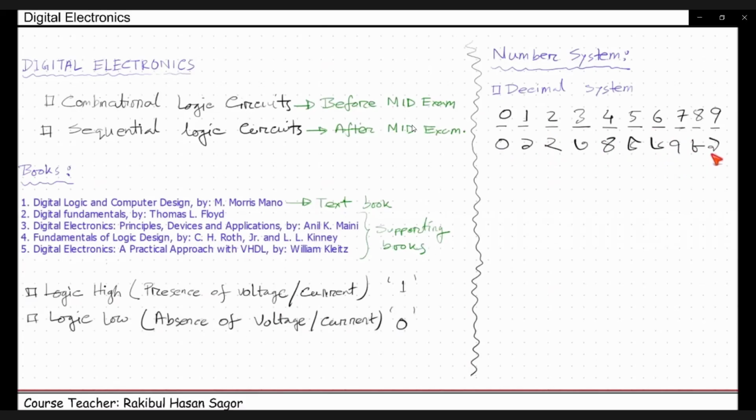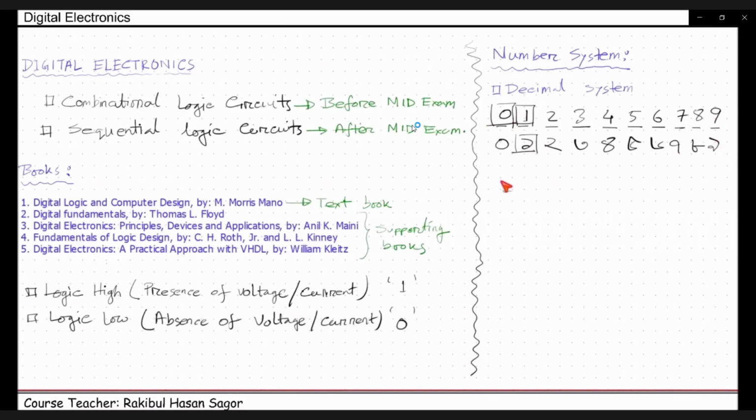If we want to represent a number greater than 9, as we do not have more symbols, we utilize the existing symbols to represent numbers beyond 9. For example, the next number is 10. We use two symbols, 1 and 0.